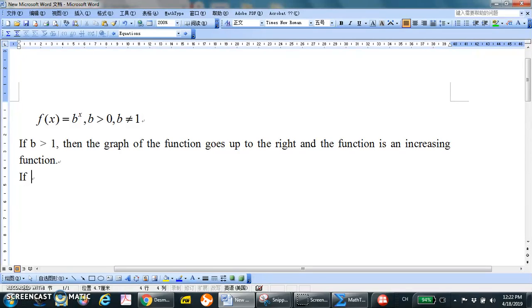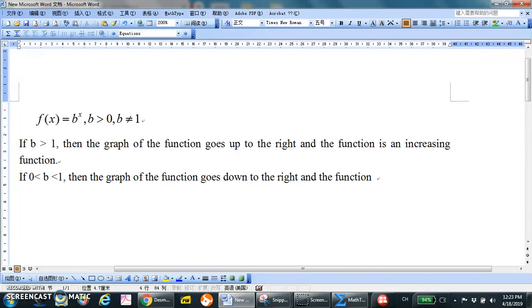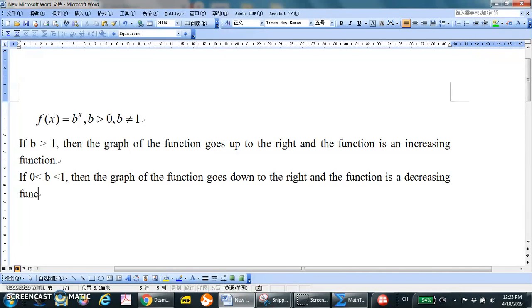And if b is less than 1, then the graph of the function goes down to the right, and this time the function is a decreasing function.